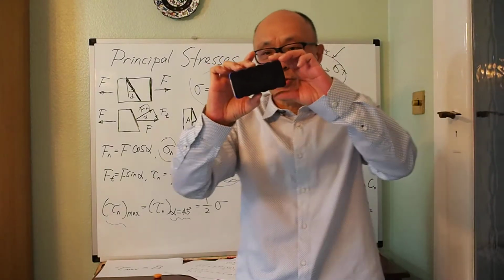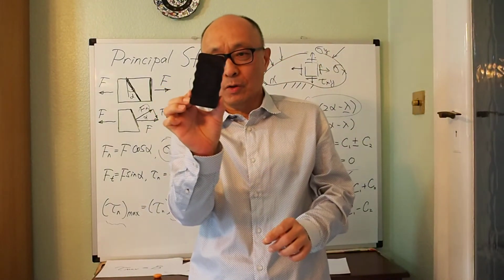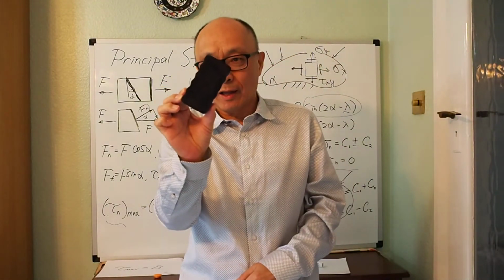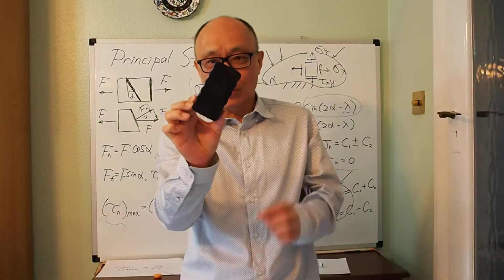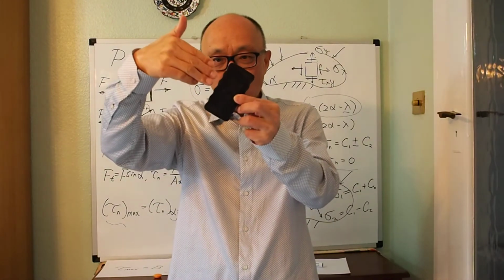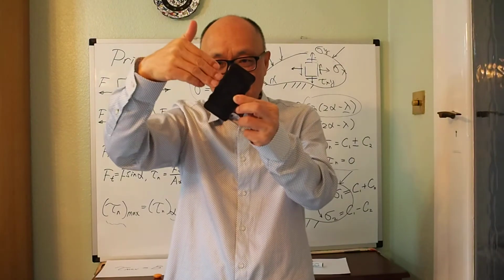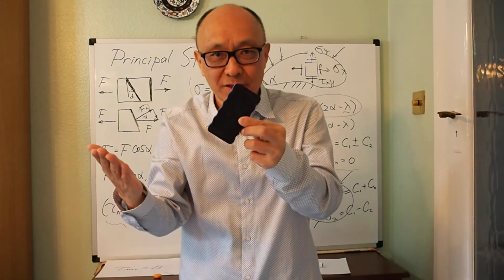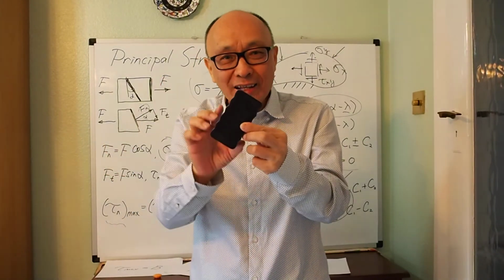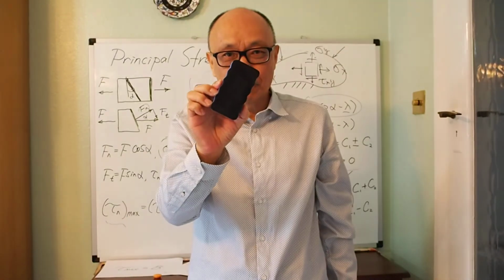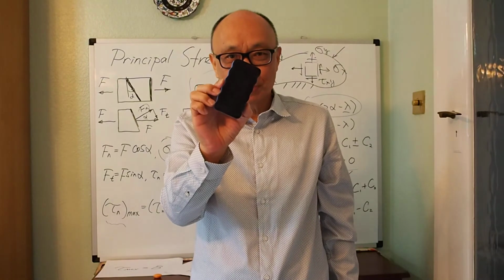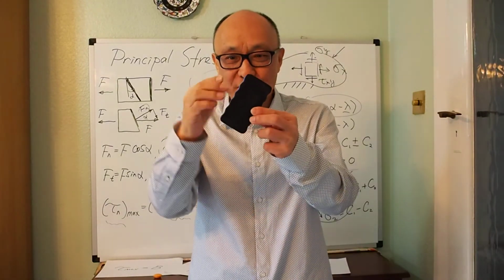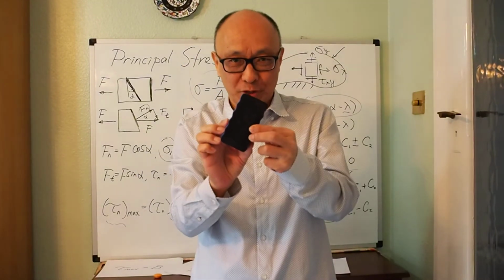And when you hit an angle there, in that direction the normal stresses are maximum or minimum. There is no shear stress. That direction is a principal direction, a principal stress direction, and the stresses are the principal stresses.